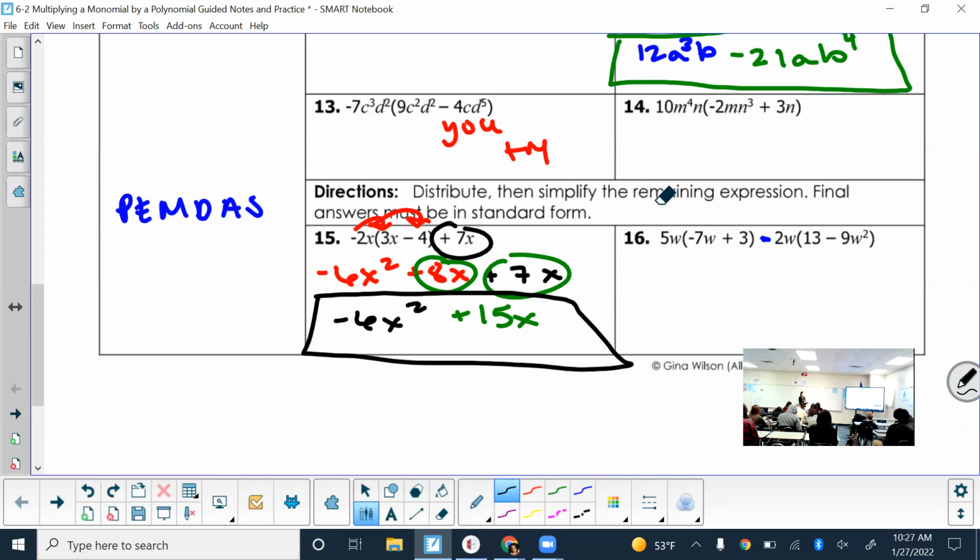Over here in number 16, I have some multiplying in a couple different spots, and then I have subtracting. So what do I do first? Multiply. So start from left to right. So we'll distribute. What do I get from distributing?